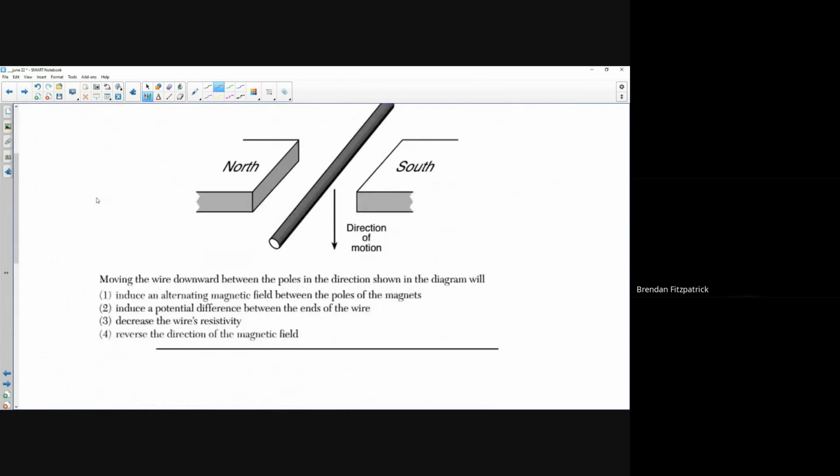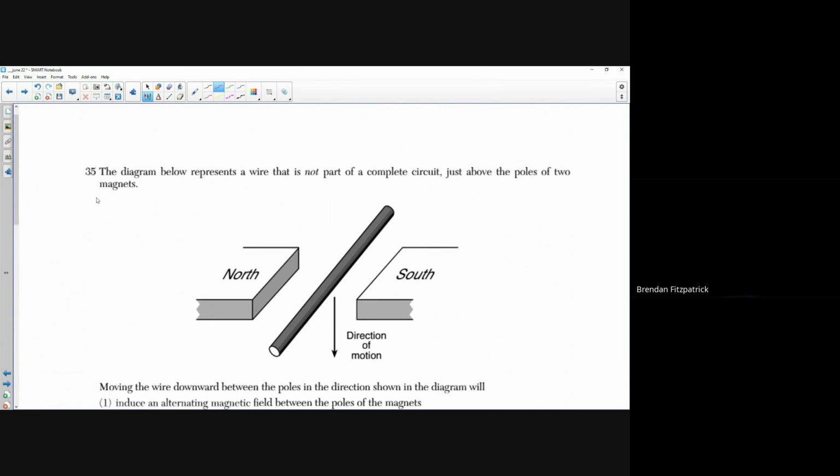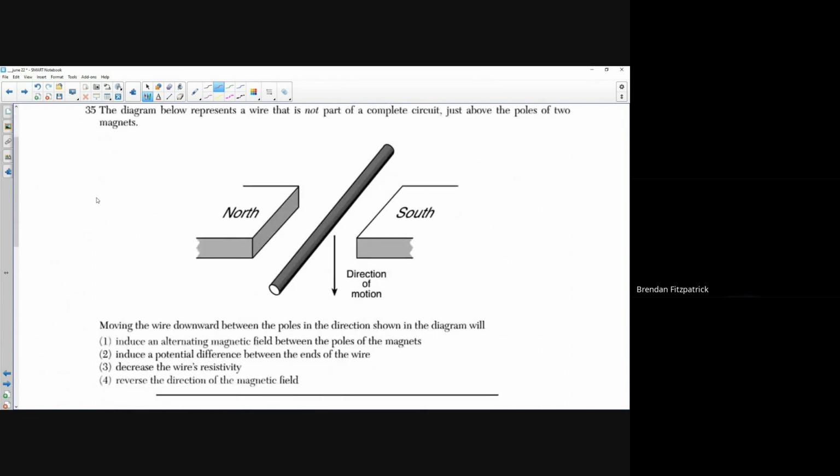35. Ooh. A wire moving through a magnetic field. Moving the wire downward between the poles in the direction shown in the diagram will induce a potential difference in the ends of the wire, and it'll cause a current to flow. We didn't really focus a lot on the fact that when you have a wire moving in a magnetic field, you do get electric current flowing in that wire.